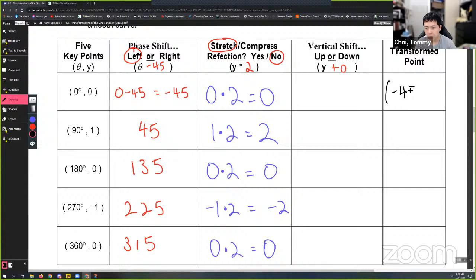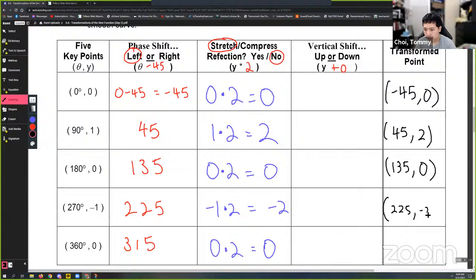So this would be our transformed points. Now that we have these transformed points, I'm going to let people copy it down for a little bit.